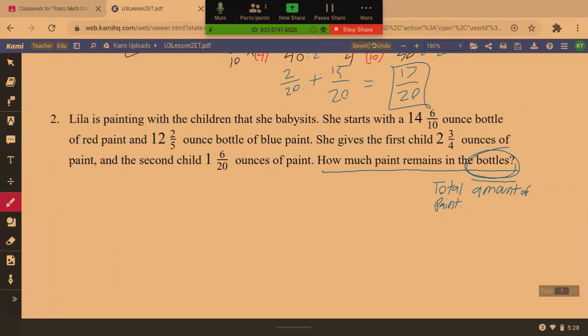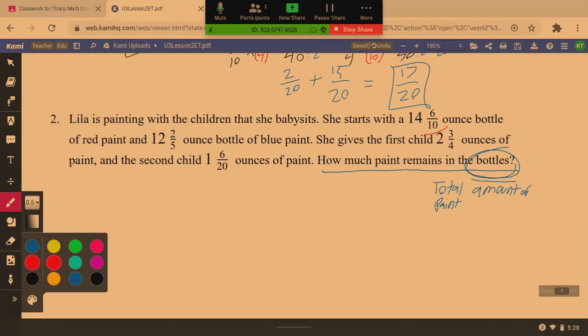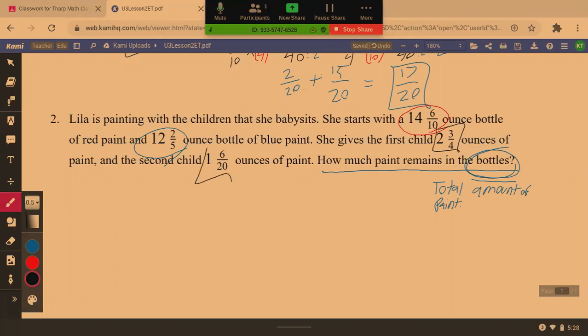So what we are going to do is add the red, and then add the blue, and that will give us the total amount of paint. Then we are going to subtract the amount that was taken. So 2 and 3/4, 1 and 6/20.